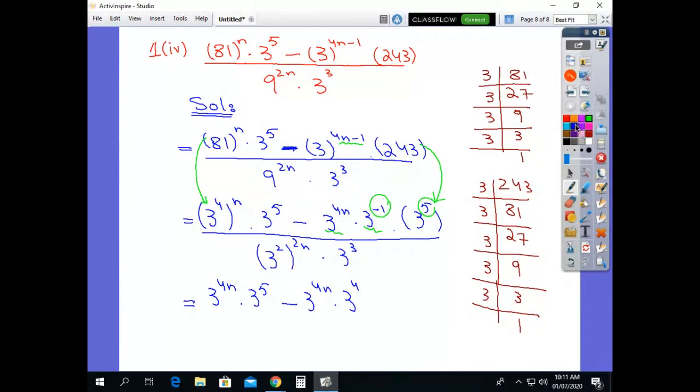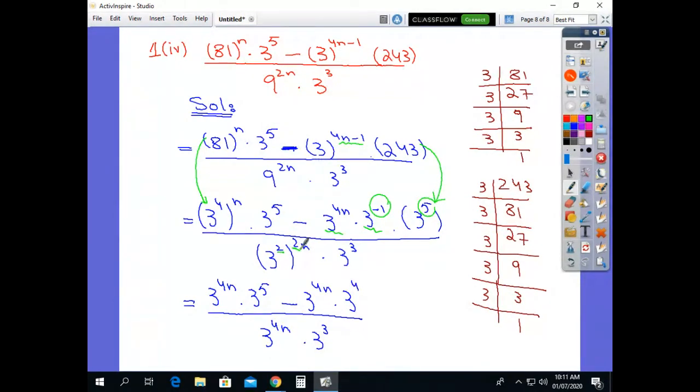Similarly, in the denominator, it becomes 3 raised to power 4n and 3 raised to power 3. How does it become 3 raised to power 4n? Because this 2 is multiplied with this 2, it becomes 4.